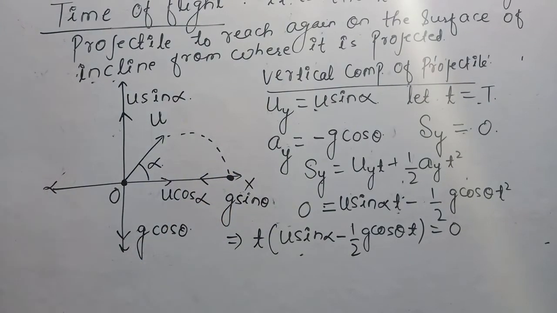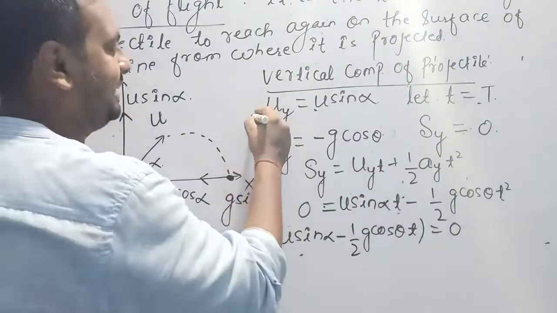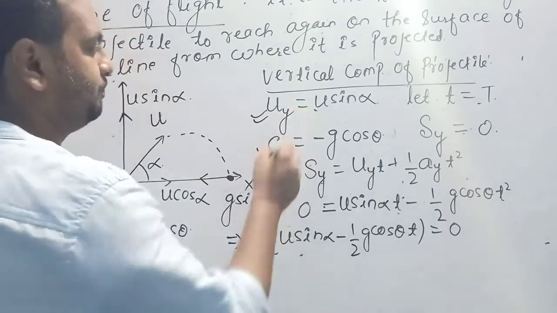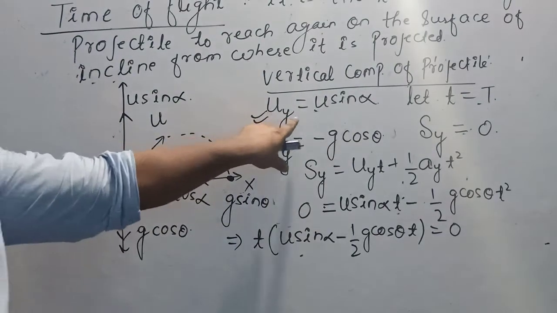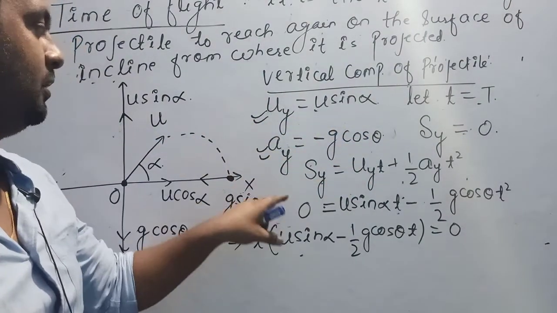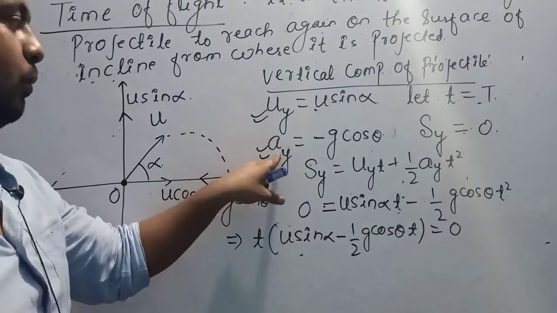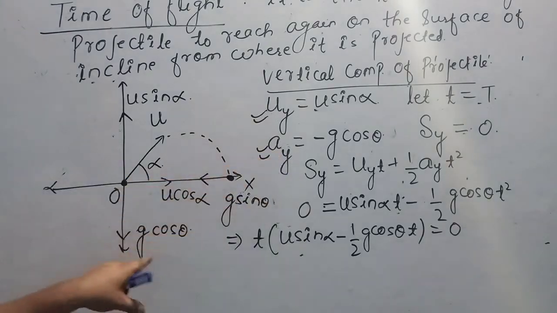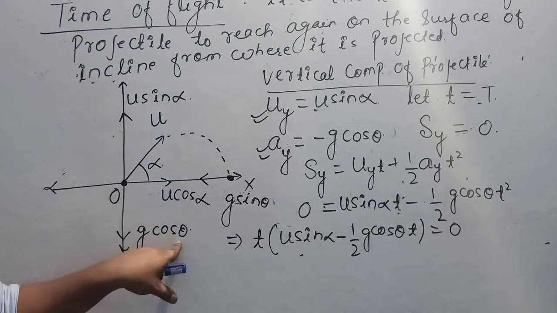So I am working only with the y components. The y component of initial velocity is u sin alpha. The y component of acceleration is minus g cos theta.